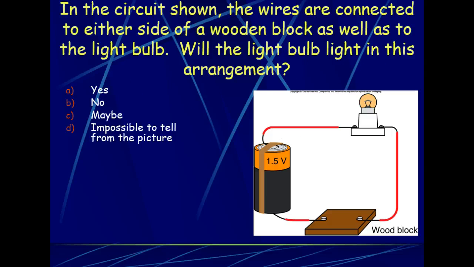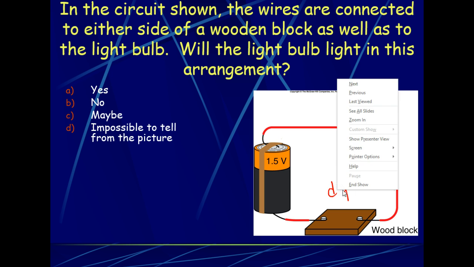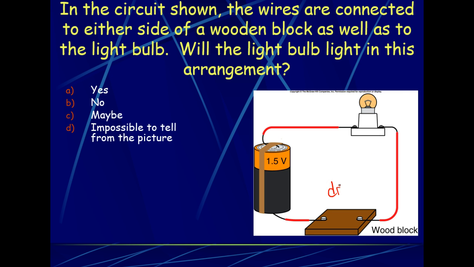So here we have a situation of wires connecting a battery and a light bulb. The wood block would be completing the circuit. Now, wood, we kind of need to know whether it's dry or whether it's wet, because dry wood is not a very good conductor.